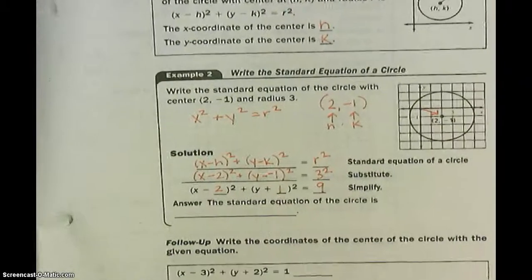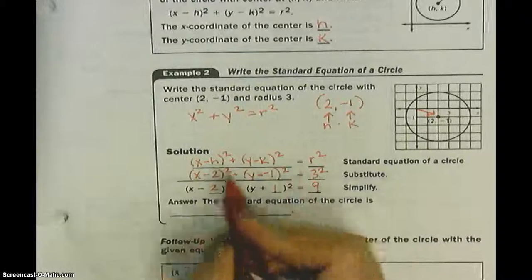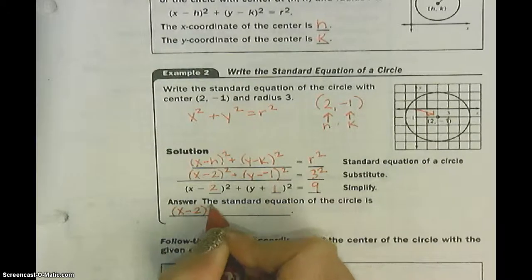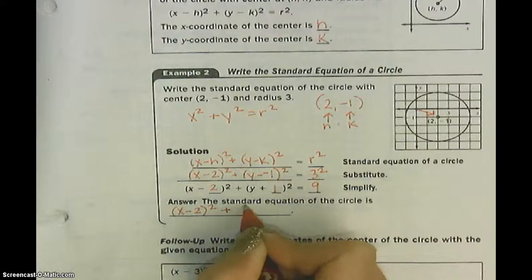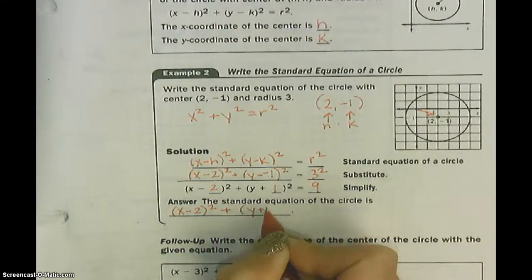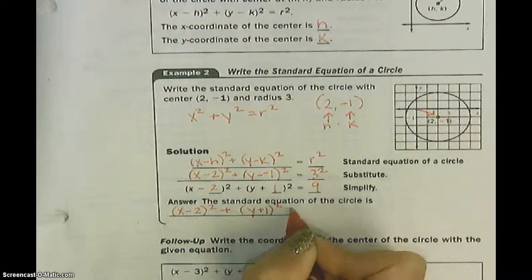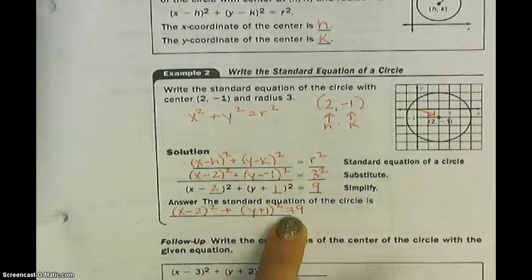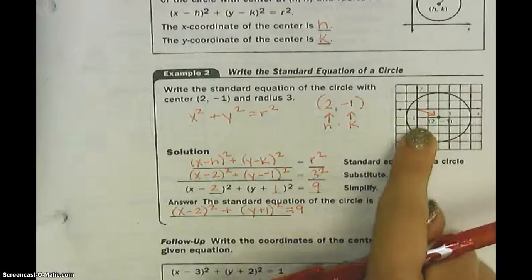So our final answer, the equation of our circle, is x minus 2 squared plus y plus 1 squared equals 9. This is the equation of that circle.